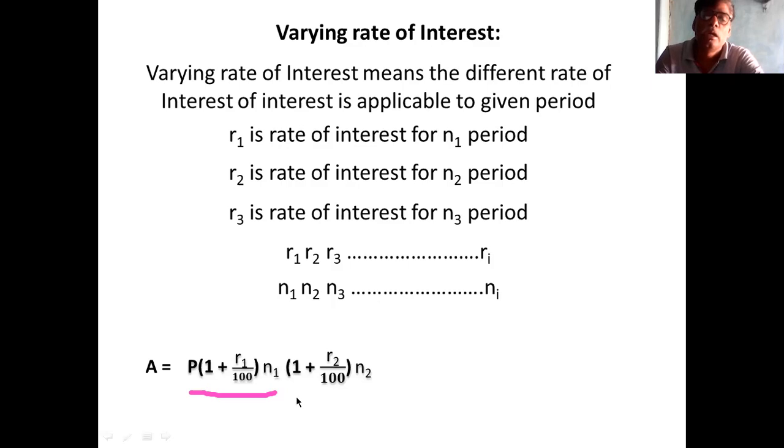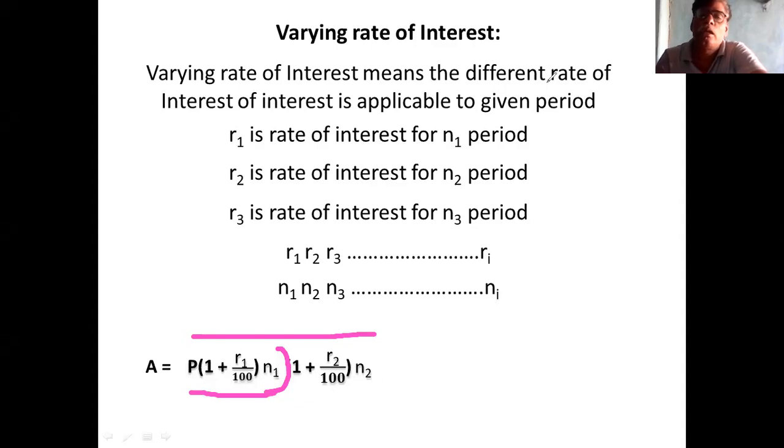This is the equation for calculating the amount for the second period. So the total amount, this is the principal part, the amount equation for the first period, and the second period amount equation. Total, this amount is called the amount for the second period.